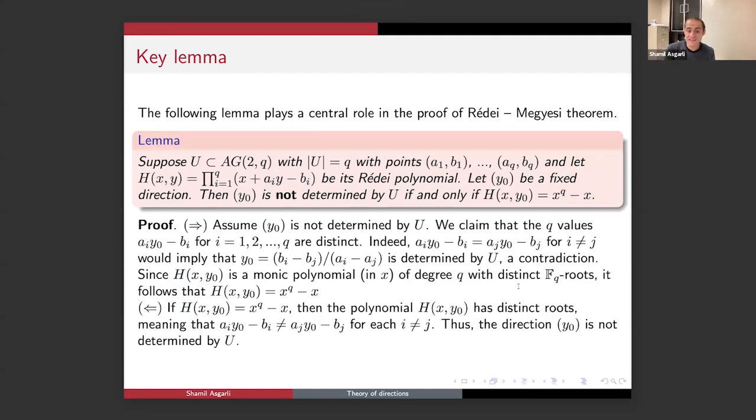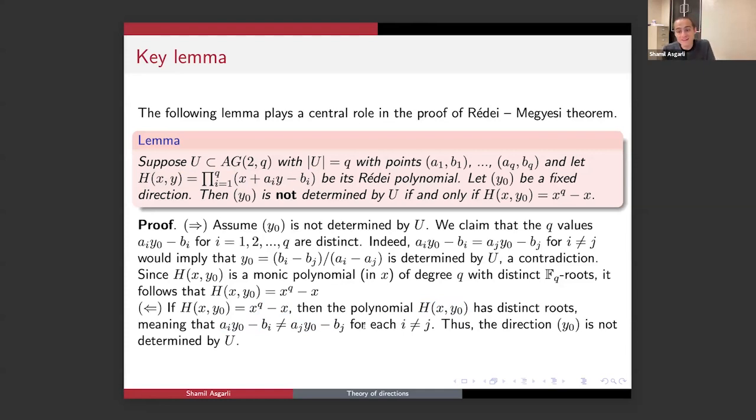And the other direction is similar. So assuming that H of x comma y0 is x to the q minus x, then working backwards, we see that H of x, y0 must have distinct roots because this polynomial has distinct roots. But if this has distinct roots, let's look at the definition of H of x, y. It follows that ai y0 minus bi is not equal to aj y0 minus bj for any i and j.